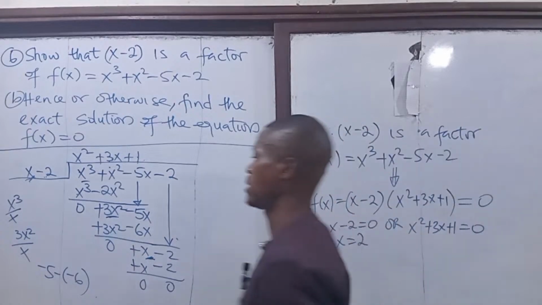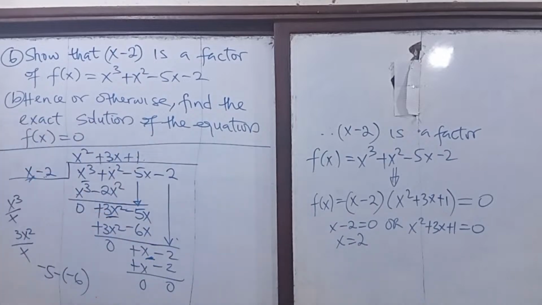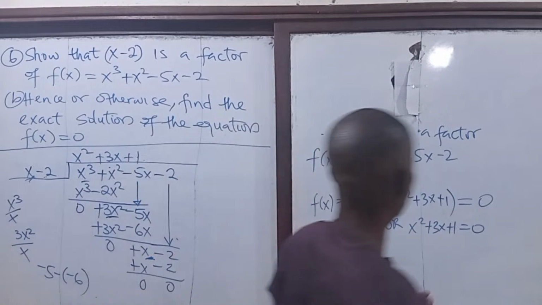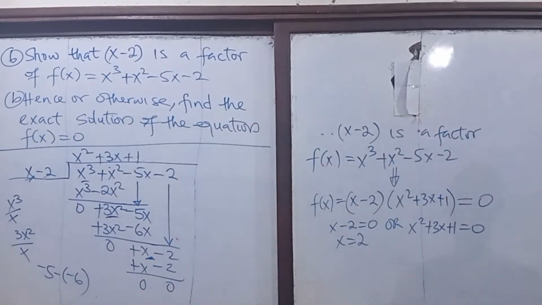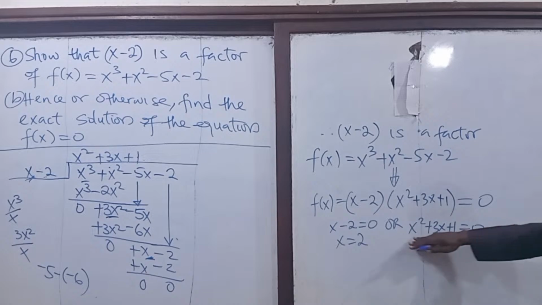What can we do in this case is to check this. Can we factorize this quadratic? This cannot be factorized, but we can use the quadratic formula to solve it.